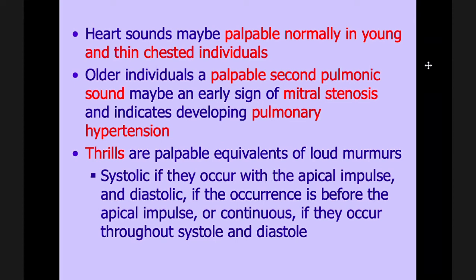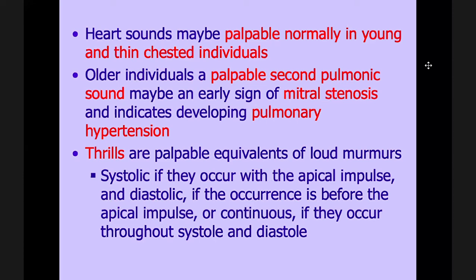Now, thrills are palpable equivalents of a loud murmur. The thrill is systolic in timing, meaning the thrill occurs with the apical impulse. It is diastolic in timing if it occurs before the apical impulse, or continuous if it occurs throughout systole and diastole.